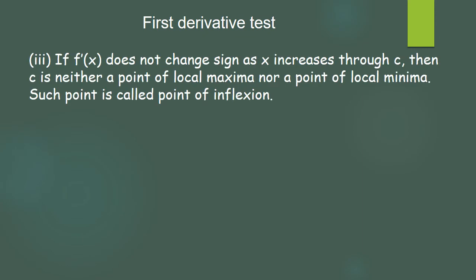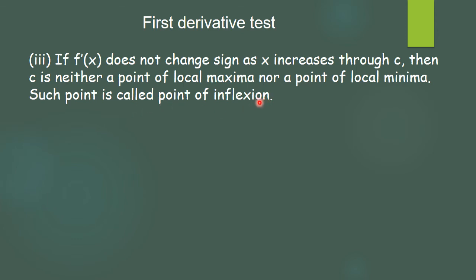The third: if f dash of x does not change sign as x increases, f dash of x's sign remains the same. If it is positive, it will remain positive, and if f dash of x is negative, it will remain negative. Then that point is not a local maxima and not a local minima. Such a point C is neither a point of local maxima nor a point of local minima, and such a point is called a point of inflection.